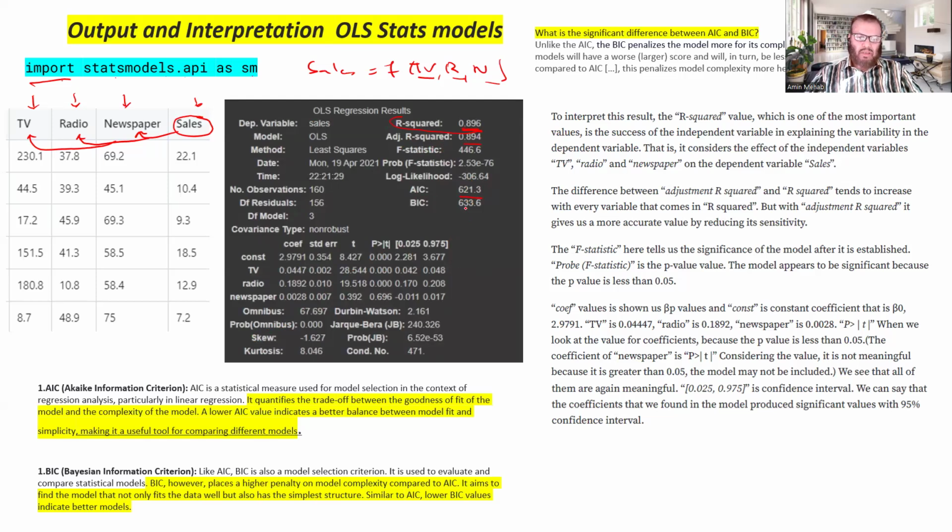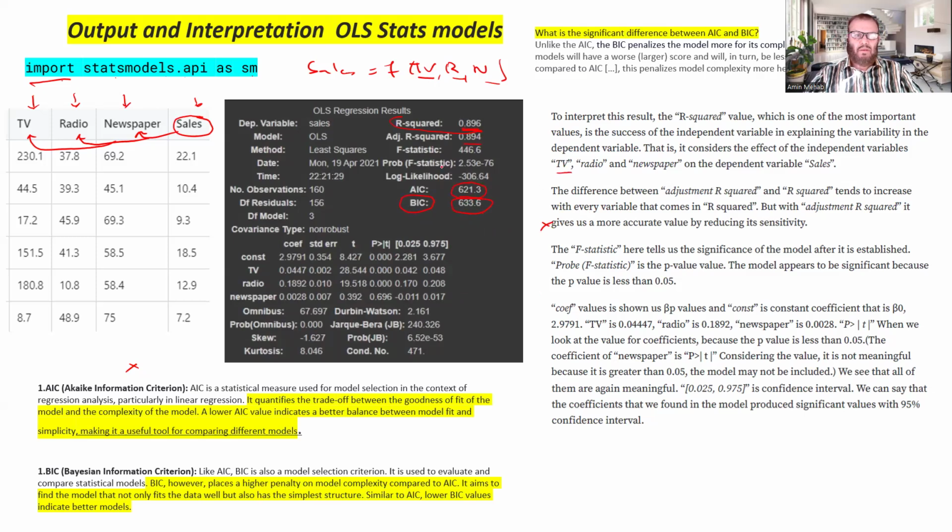It quantifies the trade-off between the goodness of fit of the model and the complexity of the model. The lower it is, the better the model. The same for the BIC, the lower it is, the better the model. This is very good when comparing models. So you have to read some of this, it's very important.